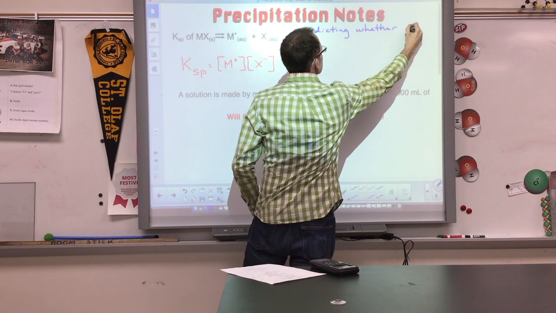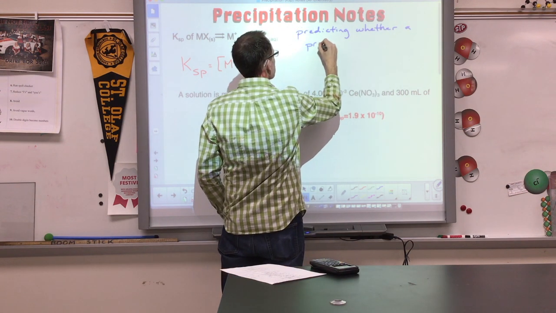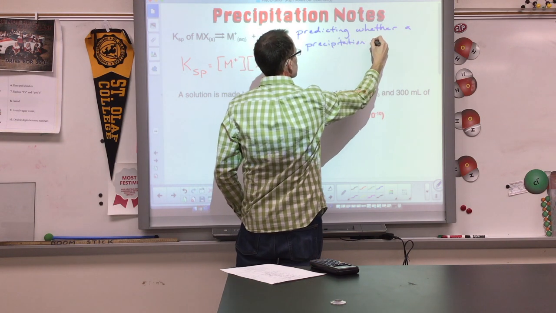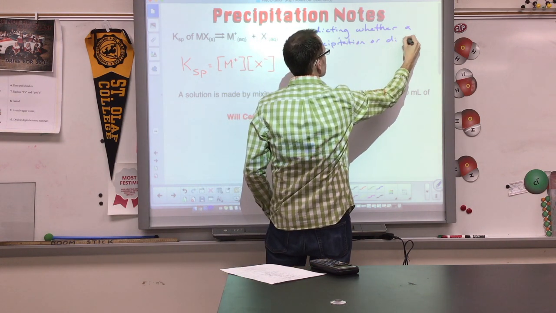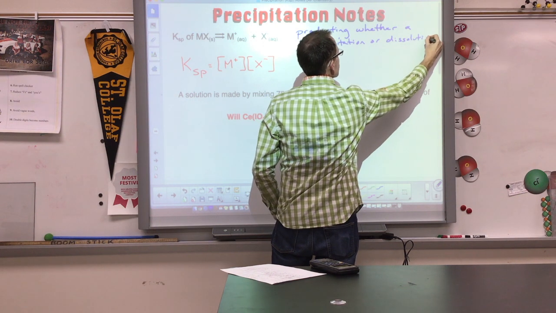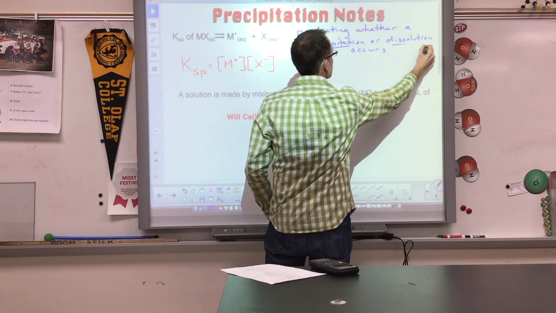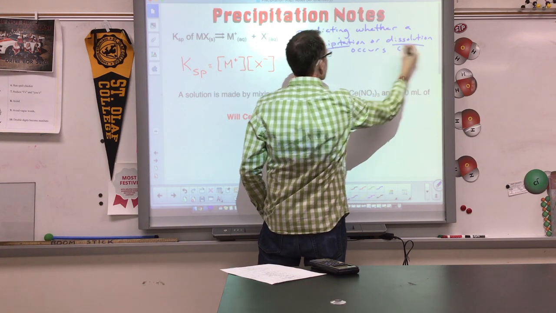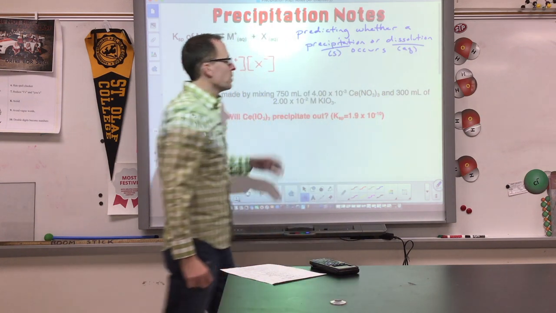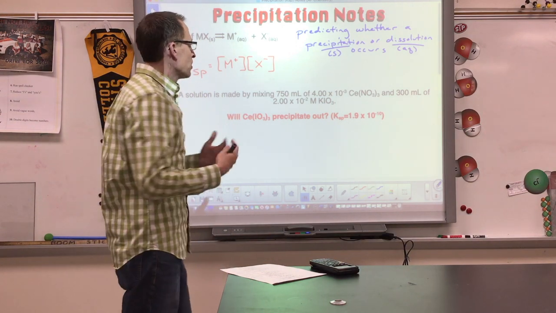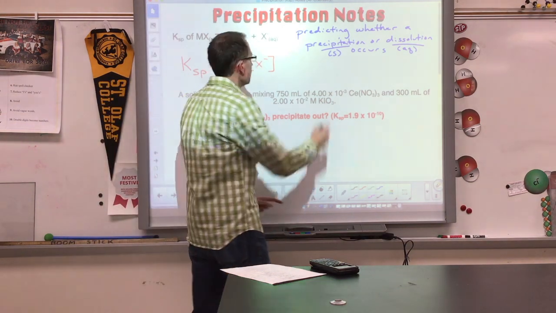So what we're really doing is predicting whether a precipitation or a dissolution occurs. What is going to occur in my products? And whenever you're predicting, what have we learned?